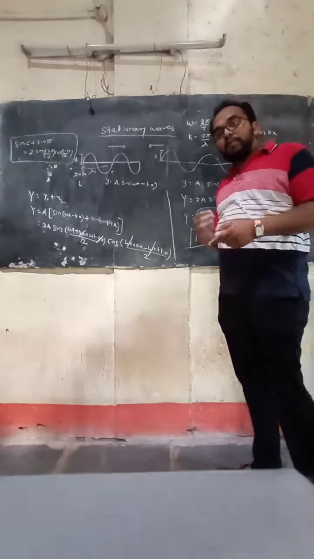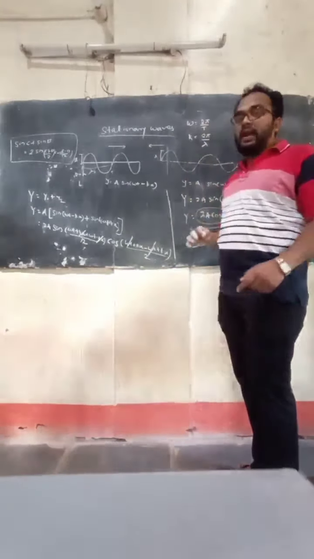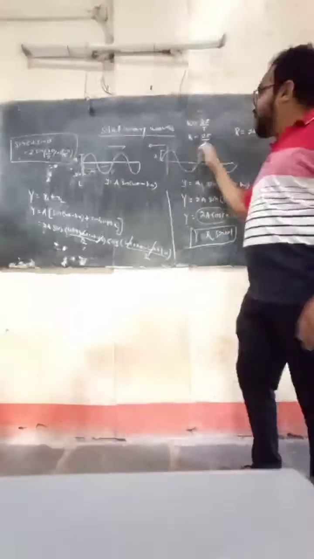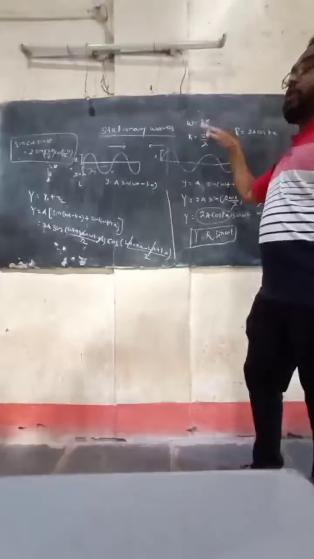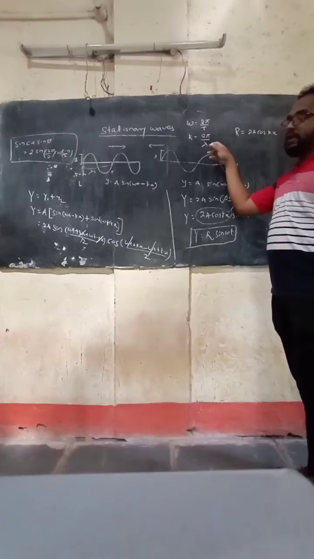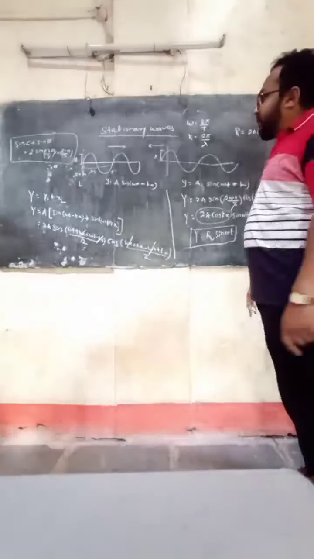The time required to complete one cycle is the time period, and the distance covered in one cycle is the wavelength. So one cycle means 2 pi: 2 pi upon the time required, and 2 pi upon the distance covered. This one is periodic in time and this one is periodic in distance.